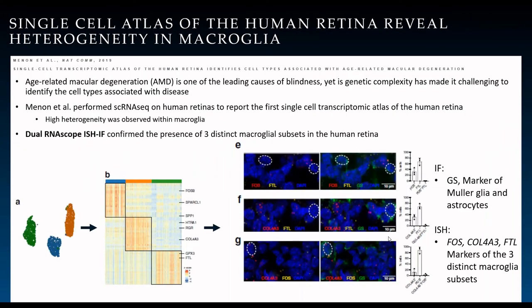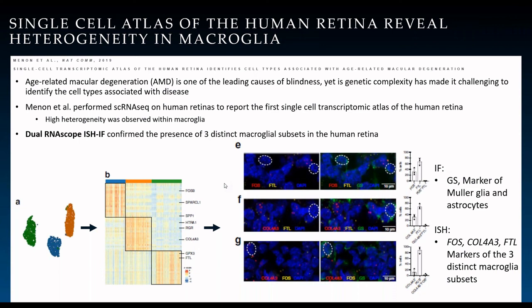Another example of validation of single-cell RNA-seq for inflamed tissue is in this particular paper, where they established an atlas for the human retina. Their main goal was to identify cell populations and study basal gene expression for targets that are implicated in age-related macular degeneration.